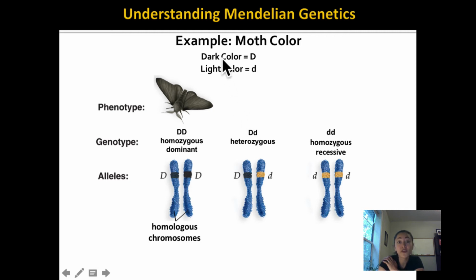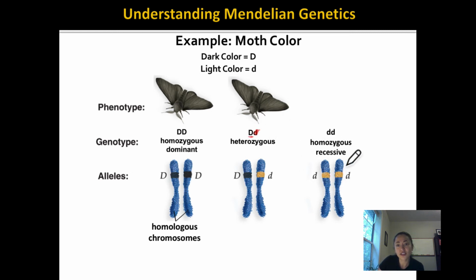They have to be dark color because they have the dominant allele. It doesn't matter what this second letter is. No matter what, if they have a big letter, they will show that big letter. That's why it is called the dominant allele. All right, so this individual's dark.